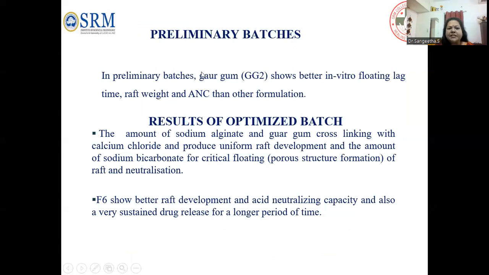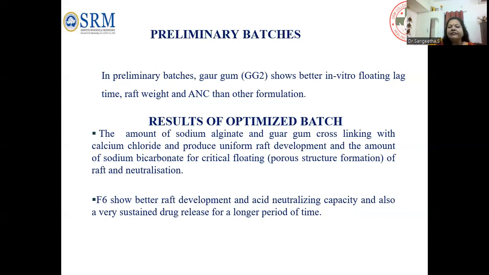In the preliminary batches, guar gum shows better in vitro floating lag time, raft weight, and acid neutralization capacity than other formulations. The optimized batch is F6. The amount of sodium alginate and guar gum cross-links with calcium chloride and produces uniform raft development, and the amount of sodium bicarbonate is critical for floating, forming the porous structure of the raft, and neutralization is observed.